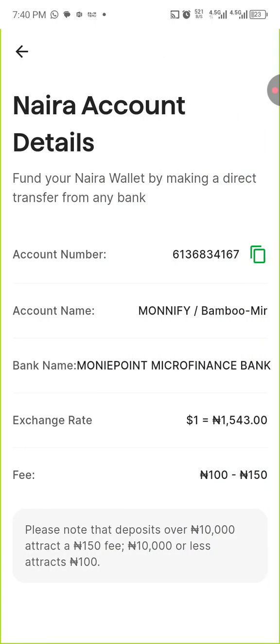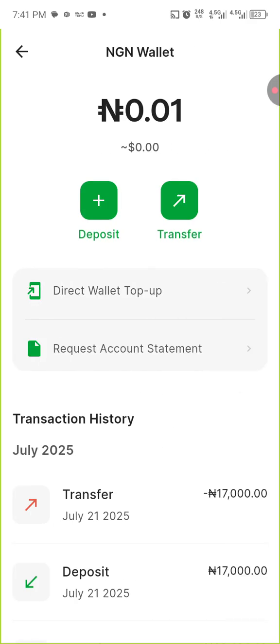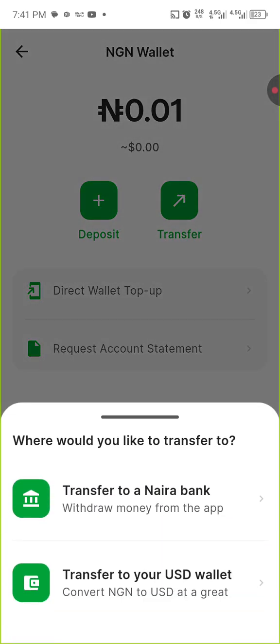So just the same way AfriInvestor equally charges when you are funding your account and all of that, this fee of 100 naira is to the bank. So you can buy it like this and then later on transfer from your Nigerian bank.